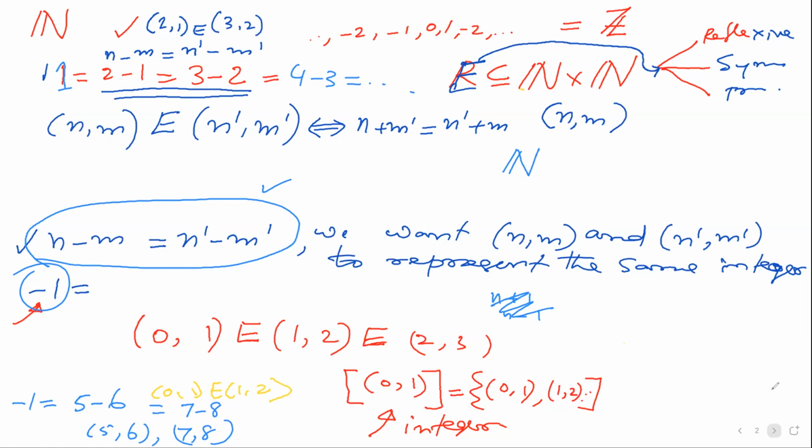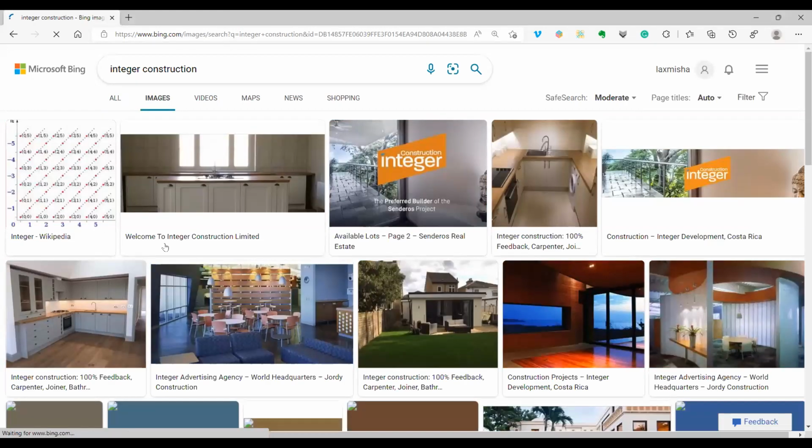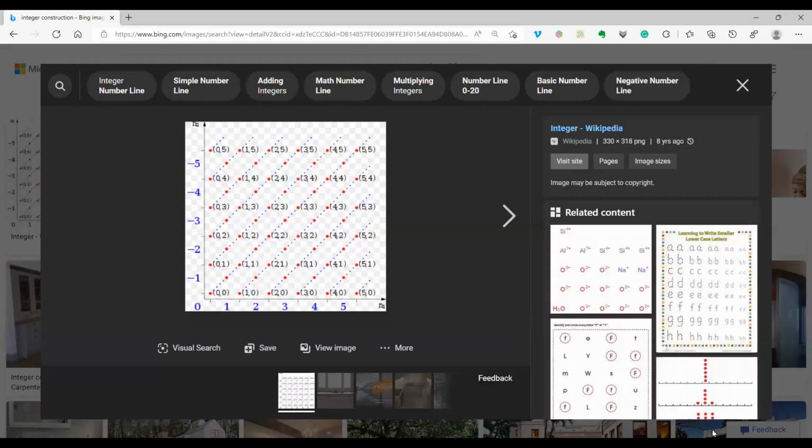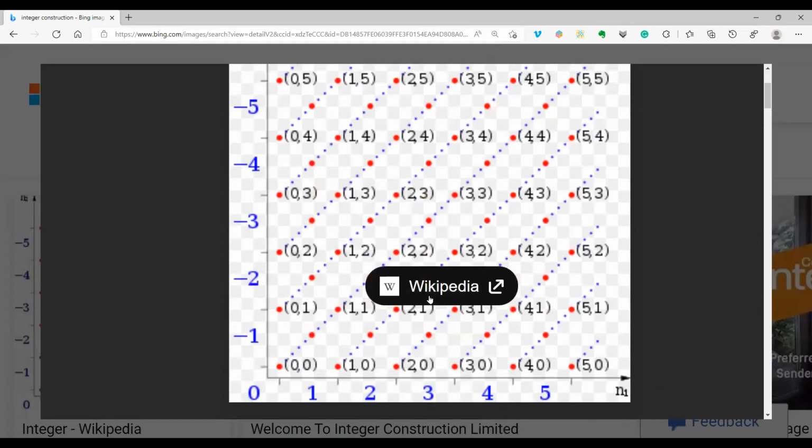I should stop sharing. Yes, sir. Okay, sir. Siddharth shared it. This is the one. Yes. And enlarge it. Good. Can everybody see that picture? Yes, sir.